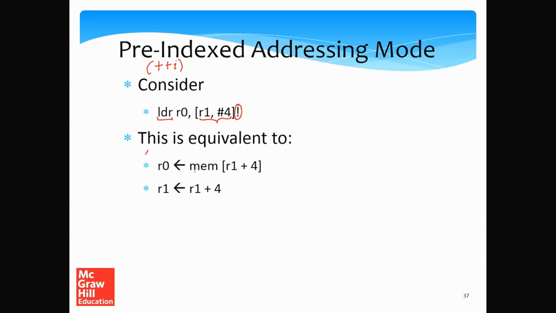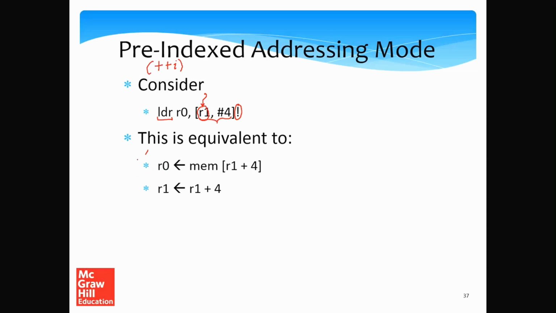So both of these are done. Had this been post-indexed, you would have accessed the memory only at location R1. But since it is pre-indexed, we increment R1 first and use the incremented value to access memory.